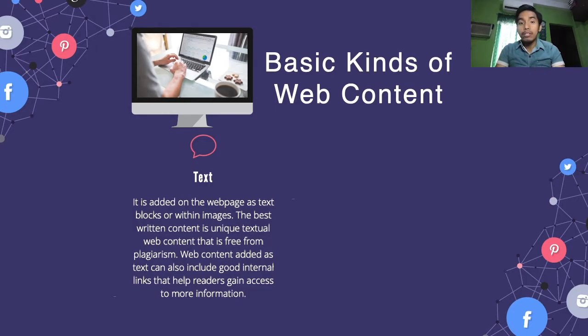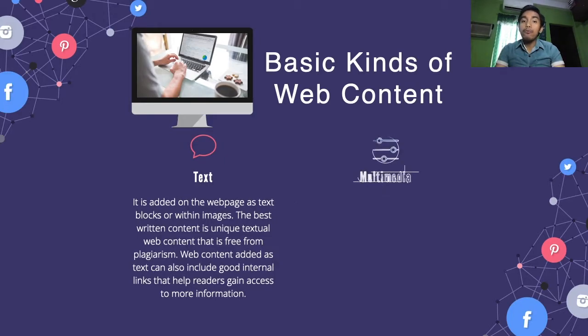Having unique content differentiates you from other websites who would want to check a website that has content that they've already seen from somewhere else, right? Another important aspect of those texts are having links, which will also help readers to gain access to other information that are related to your topic.